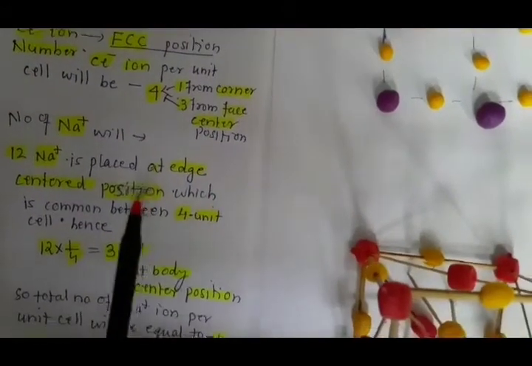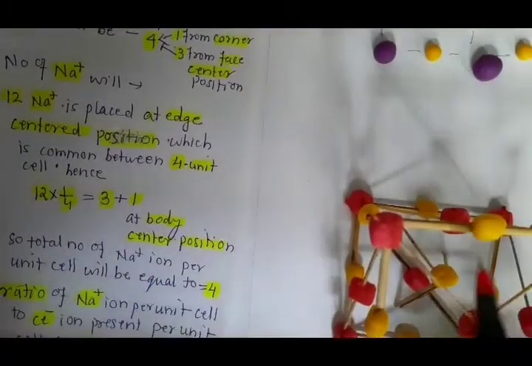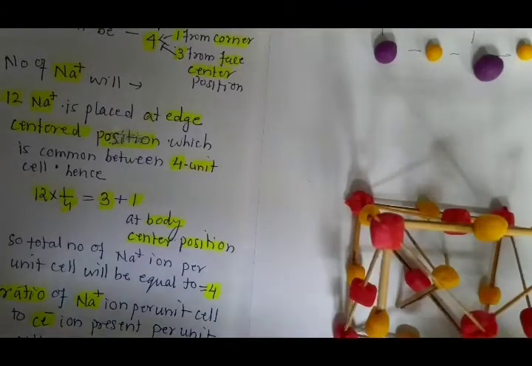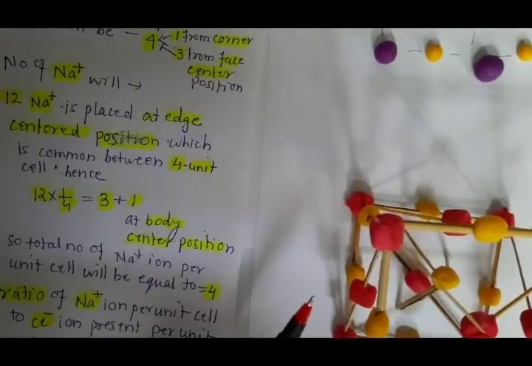Now let us count the number of sodium ions per unit cell. The position of the sodium ion is at the edge centered position. The number of sodium ions is calculated as follows. You know that an edge is common between 4 unit cells. Hence, for the contribution from the edge centered positions, how many edges are there?